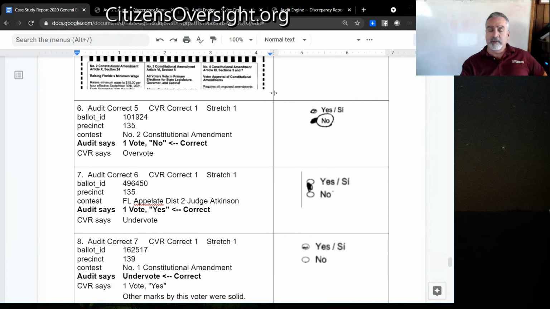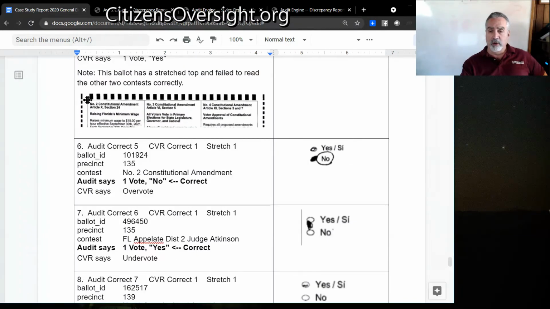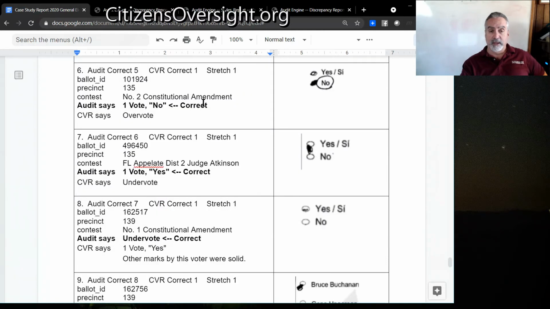So far we haven't seen the voting system get these wrong. They are dealing with the stretching okay, and that's pretty admirable. So we give them credit for that, but we don't give them that much credit for the rest of these.